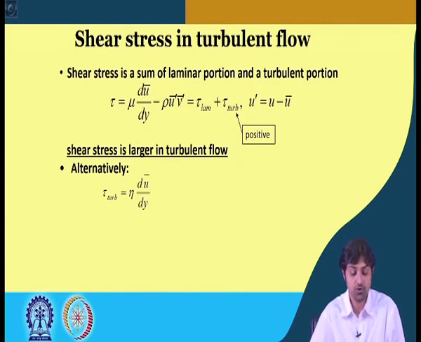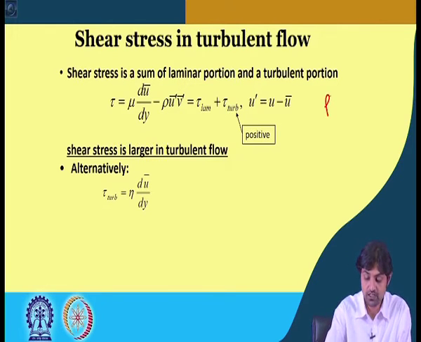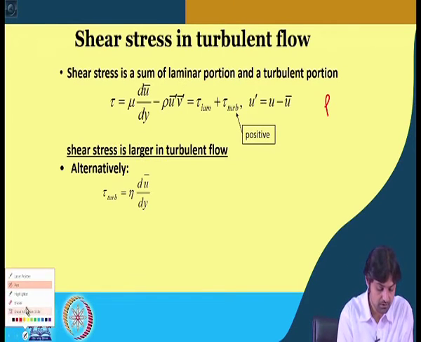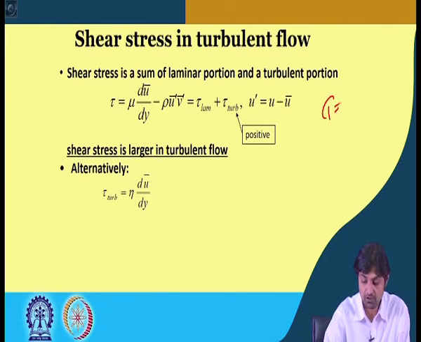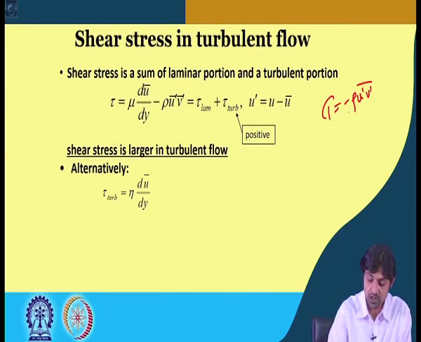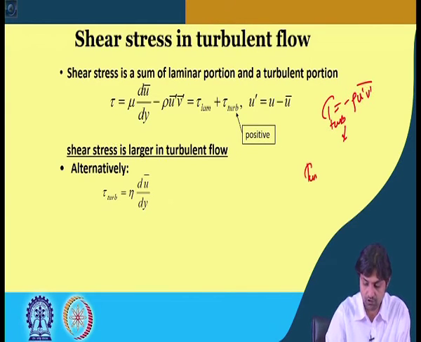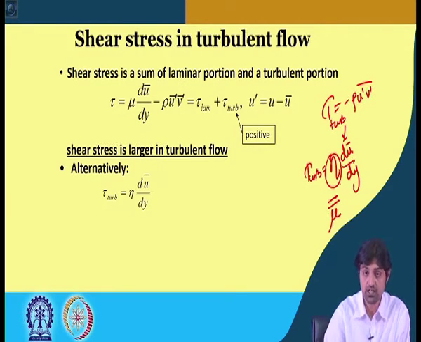Alternatively, instead of writing tau is equal to minus rho u' v' whole bar, we can also write tau turbulence as another viscosity eta times du/dy, and this eta is not equal to mu but much higher.